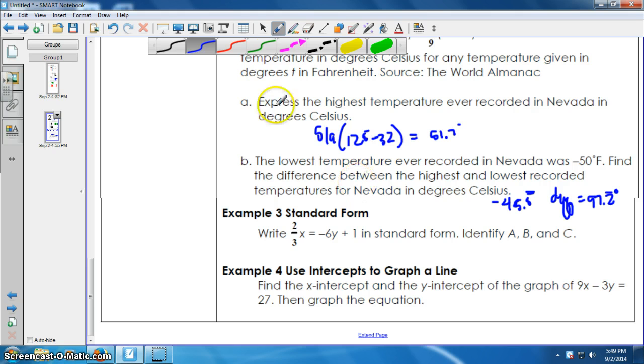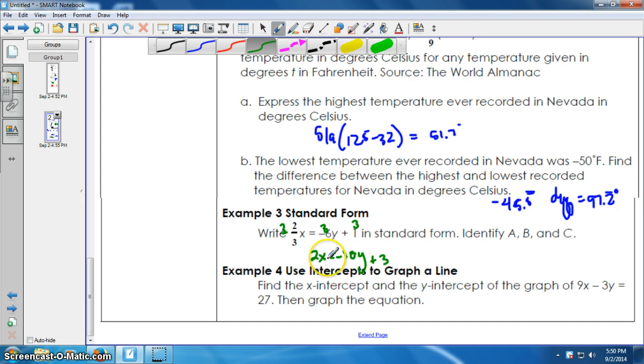Next, we're going to get that in standard form. So standard form, remember that your A is always with your X, your B is with your Y, and then your C. And we want our A to be a positive whole number. So how we undo this is we always just multiply by the denominator. So if we take everything times 3, that's going to keep it balanced, and that's going to get us 2x equals -18y plus 3.